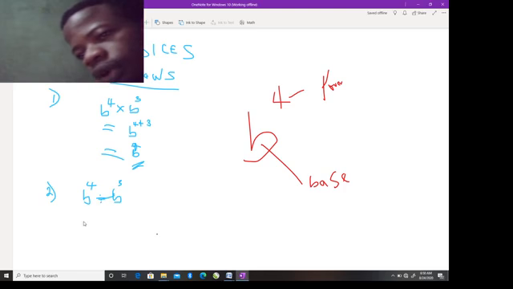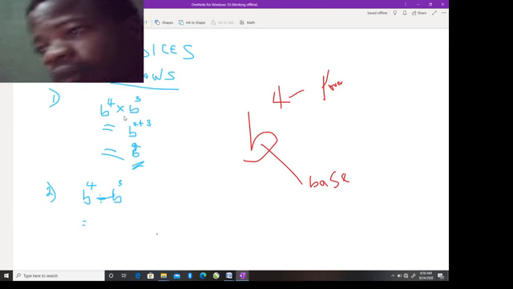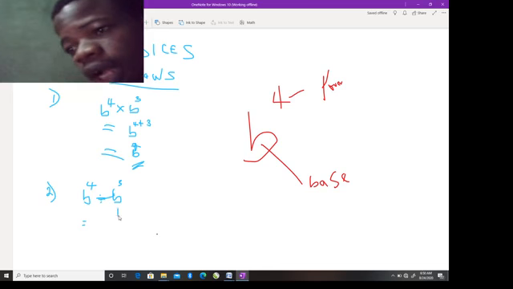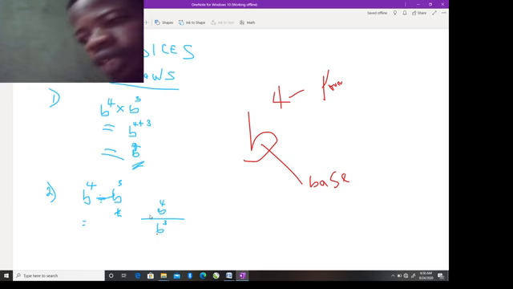Don't forget, this is the division law. I can equally write this as b to power 4 over b to power 3. I'm saying the same thing.